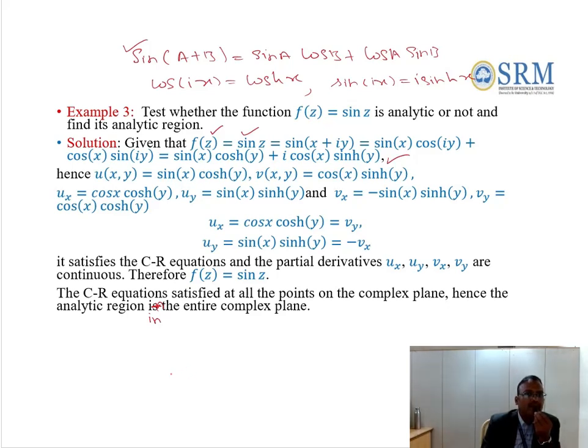Now compute the partial derivatives. What is the derivative of sin x? d by dx of sin x is cos x.